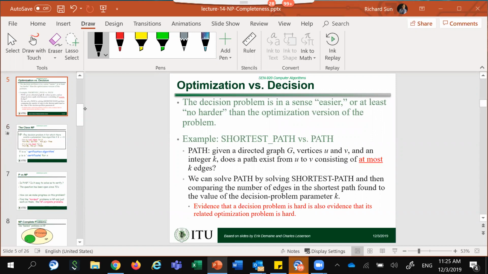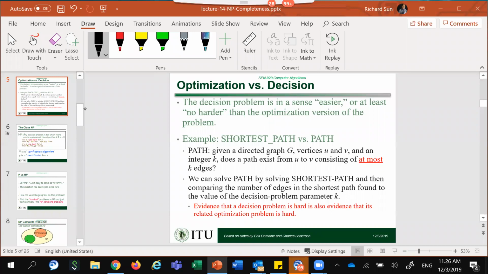Because we're finding the longest path, we want this as high as possible in the optimization problem, so the decision problem of the longest path asks for at least so many edges. Now, let's say k is equal to 32. I give you a graph, u and v, and k equal to 32.